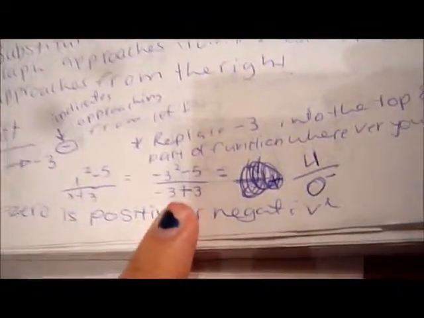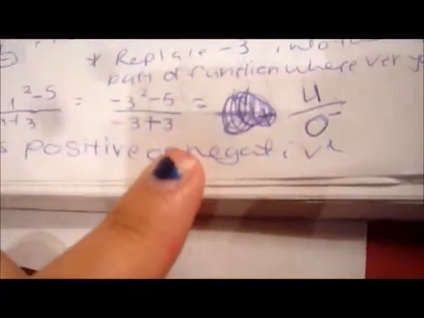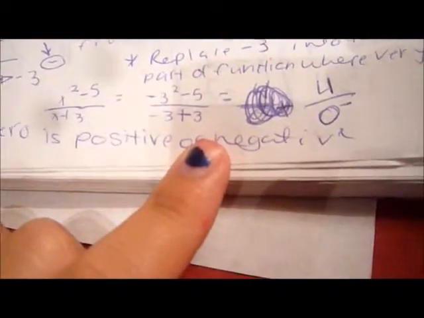So you replace the number into the denominator: -4 plus 3 equals -1. Because the denominator is negative, that tells you the 0 is negative. So as x approaches from the left, the graph goes down. You draw a little arrow going down as an indicator.